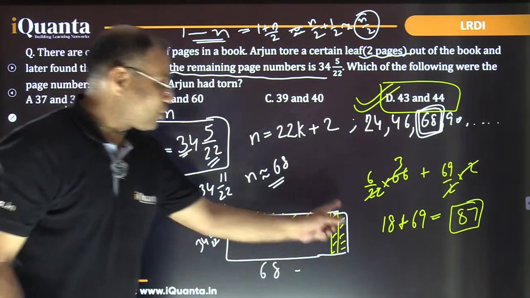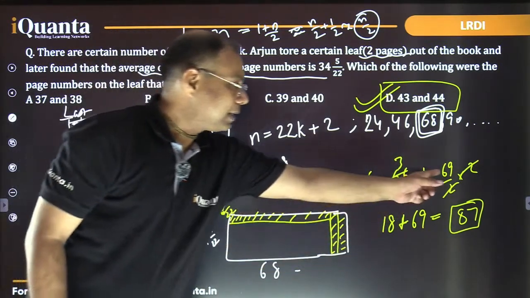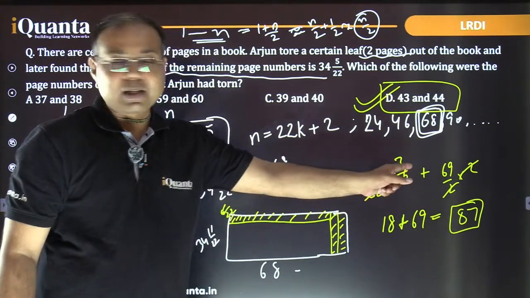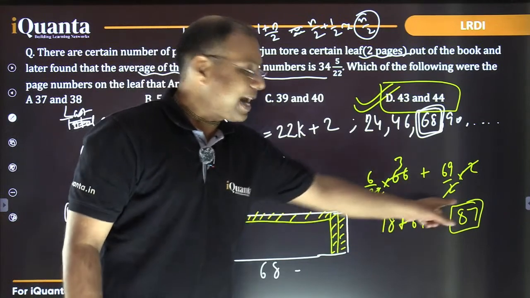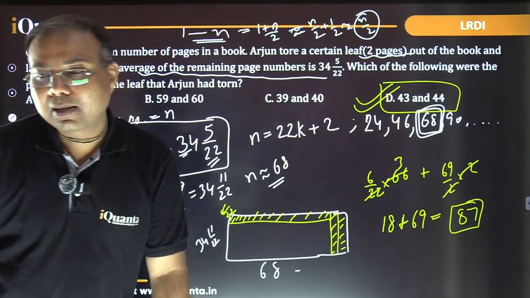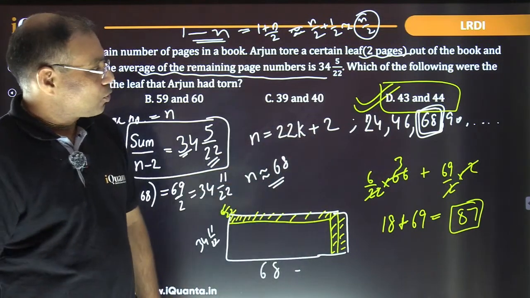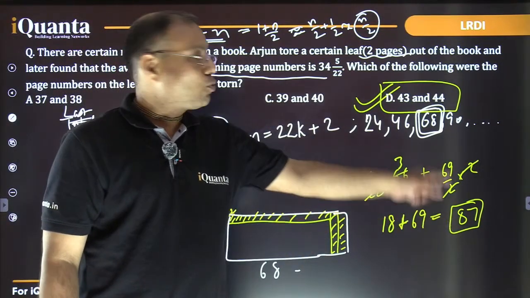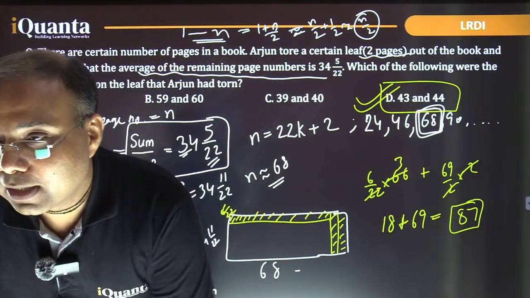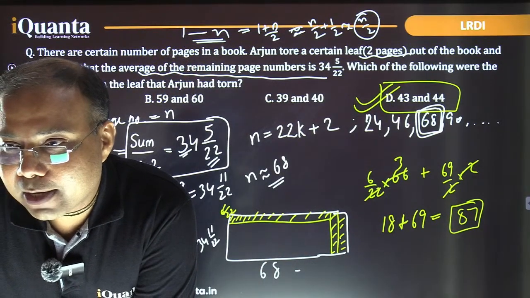So this is 34 and a half, that is 69, plus this 6 by 22 from each of the 66 numbers, so 18 more. So total 87 decrease has been there in the sum of all page numbers. So this 87 can be obtained by two consecutive numbers, 43 and 44. That's it. Fine. Okay.